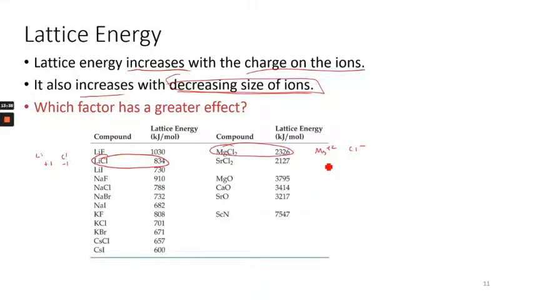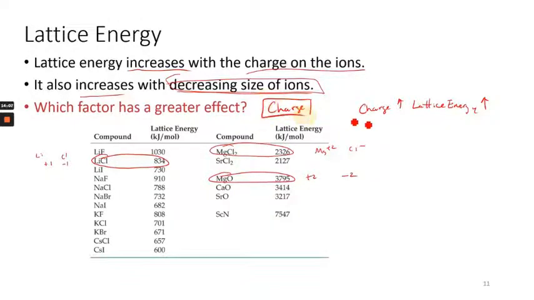It increases, right? So as the charge increases, lattice energy increases. And then look here. Here we have a +2 for magnesium and a -2 for oxygen, and it increases even more. So which factor has the greatest effect? Charge. So changing the charge will have a greater effect.